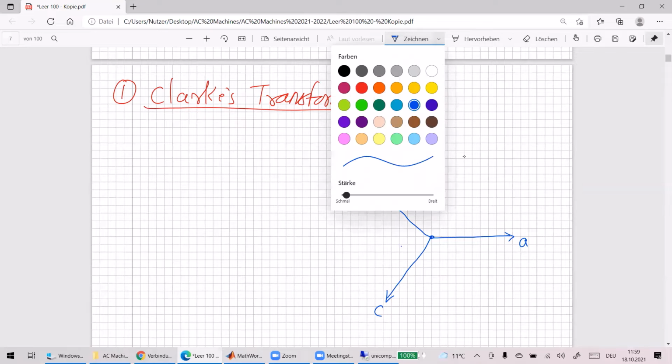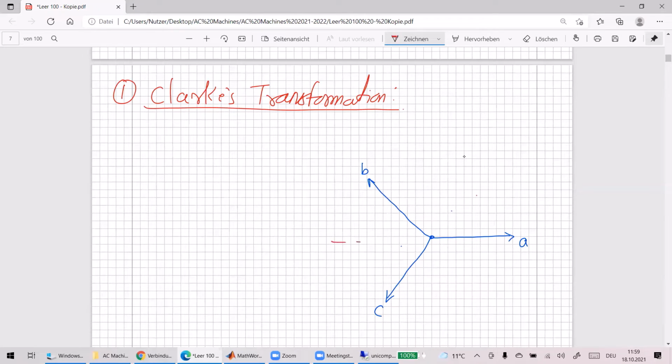We just know the x-axis and y-axis, right? This is your alpha axis, this is your beta axis. Here the alpha axis is your real axis and the beta axis is your imaginary axis. And we just find the components of these vectors and then we are done.